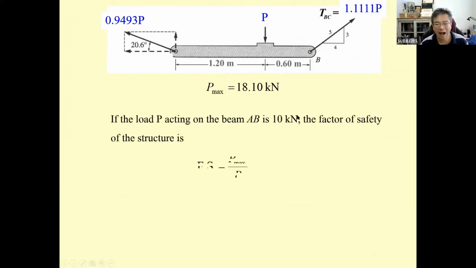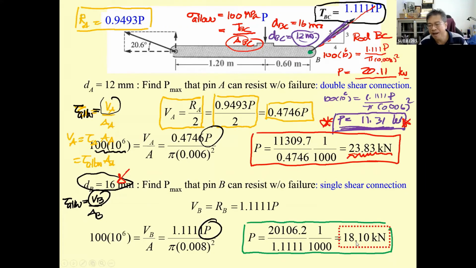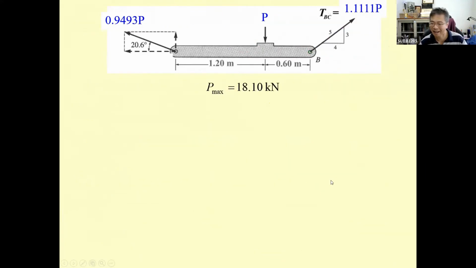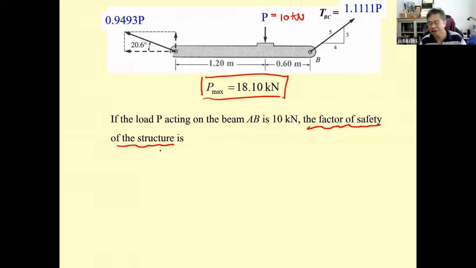Okay, the last one. Let me go to the last one before we break for 5 minutes. If I don't modify it, the answer is going to be 18.10. Again, they may ask, if we know the P max is 18.10 and the P right now acting on the structure is 10 kilonewton, what is going to be the factor of safety of this structure?